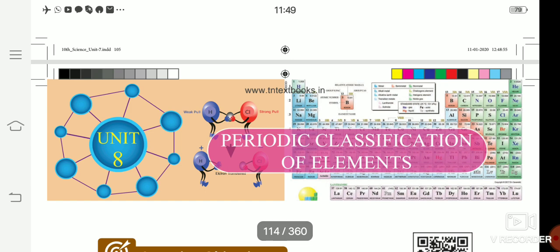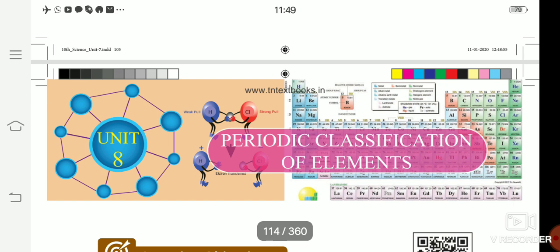Okay, so the next one is: what are ores? Most of the elements are not found in the free state. Only a few metals are found in the free state, for example gold, silver and platinum.